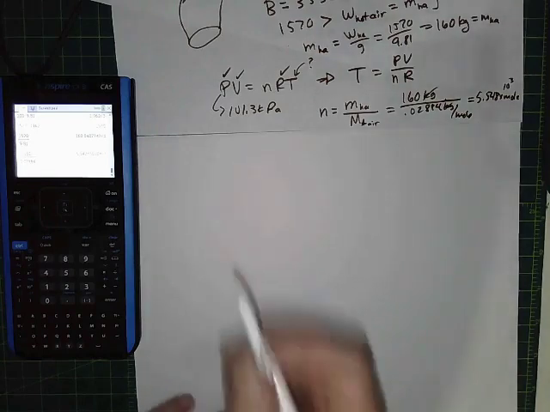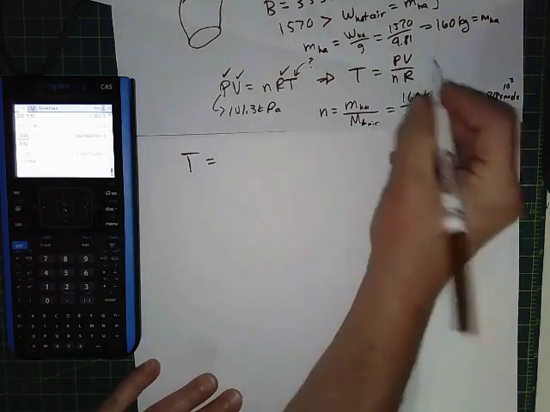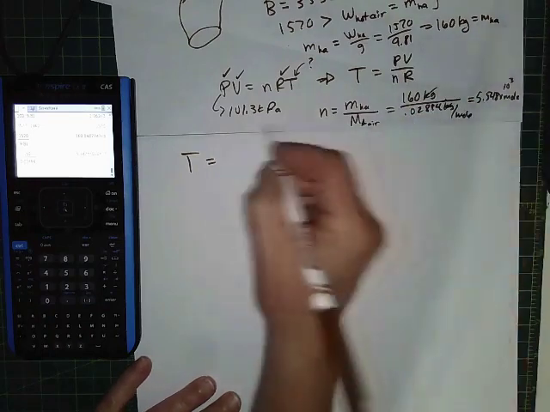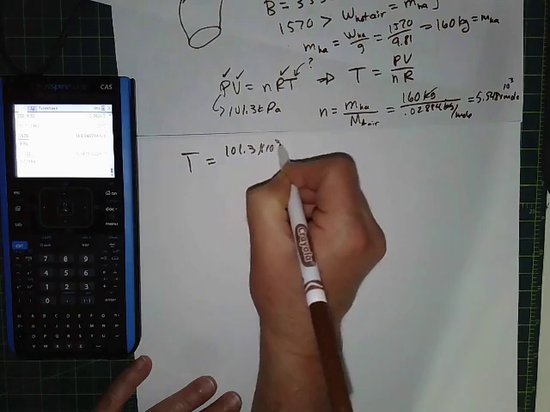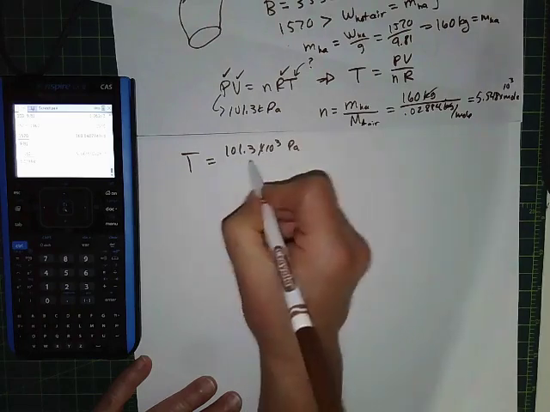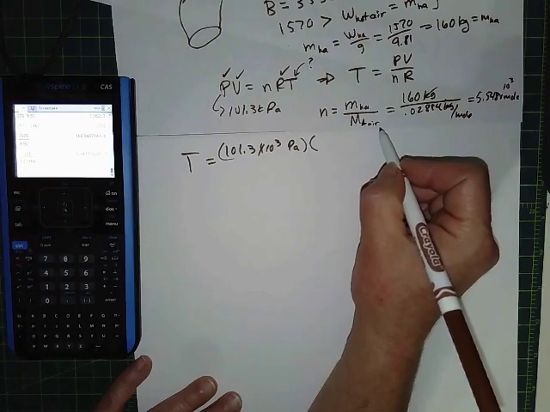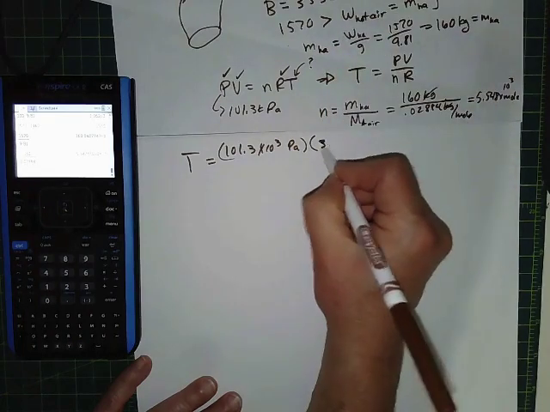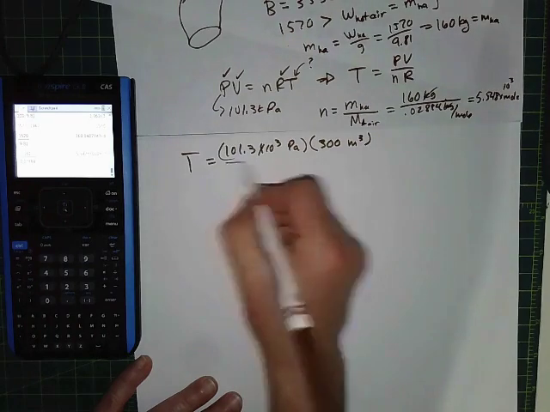So we're ready to get the temperature. The temperature is PV over nR. P is 101.3 times 10 to the third pascals, the standard unit, good. V was given before as 300 cubic meters, so that's good.